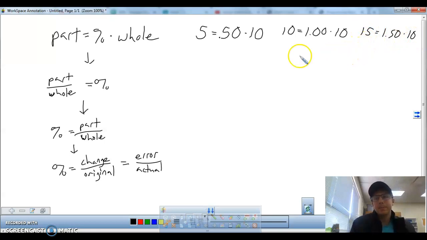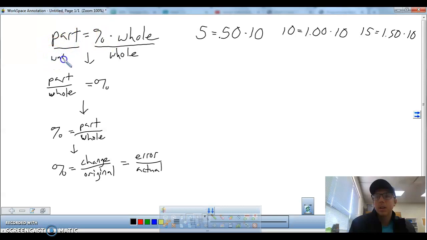Okay? So you can take this same relationship, and if you want to find the percent instead, well, remember, it's percent times whole, and we want to get percent by itself, since they multiplied percent by whole, we just have to divide by the whole. And if we divide on this side, what do we got to do on this side of the equation?